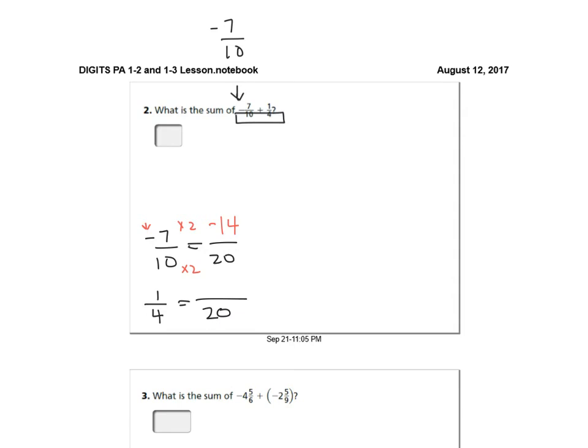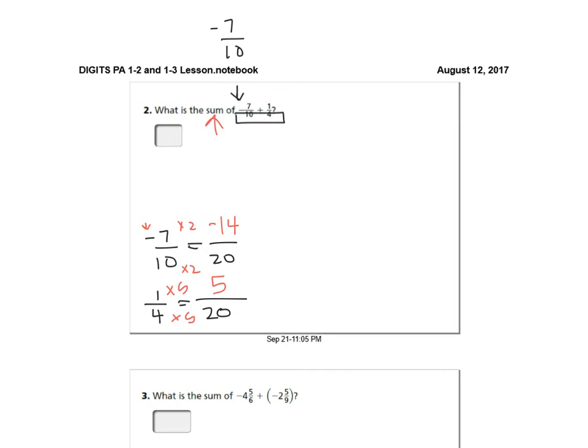So 4 times what gives me 20? 4 times 5. So if I multiply the bottom by 5, I also have to multiply the top by 5. 1 times 5 is just 5. So now these are the two new numbers that I will use when trying to find my sum.